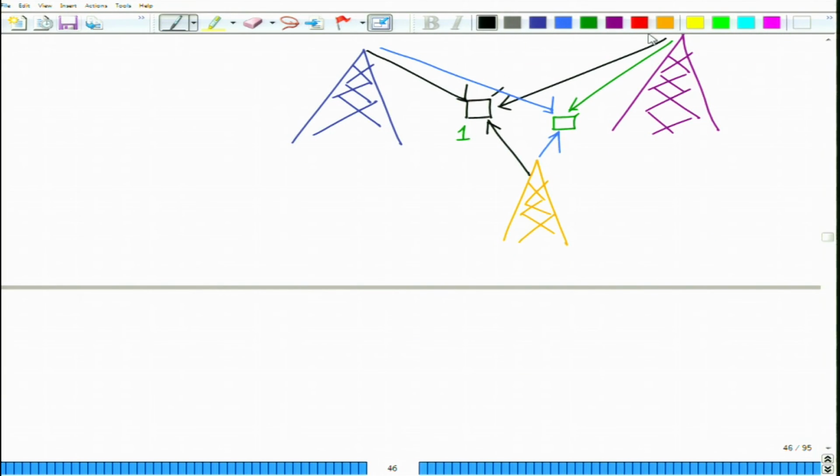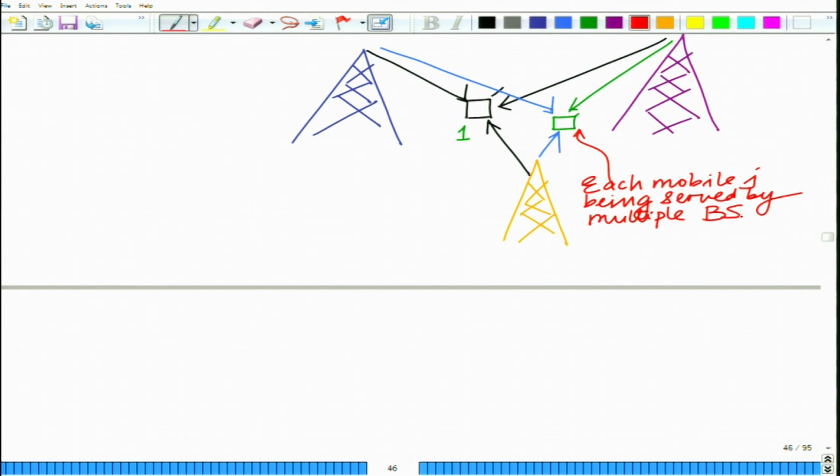So, what we are saying is each mobile being served by multiple base stations I, that is, let us say we have k base stations, 1 less than or equal to I less than or equal to k.